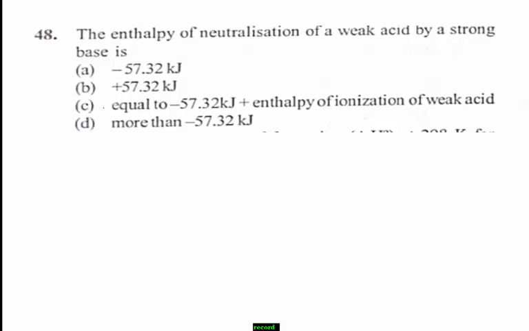Yes, students, remember the enthalpy of neutralization of a weak acid by a strong base is always equal to minus 57.32 plus the enthalpy of ionization of the weak acid.